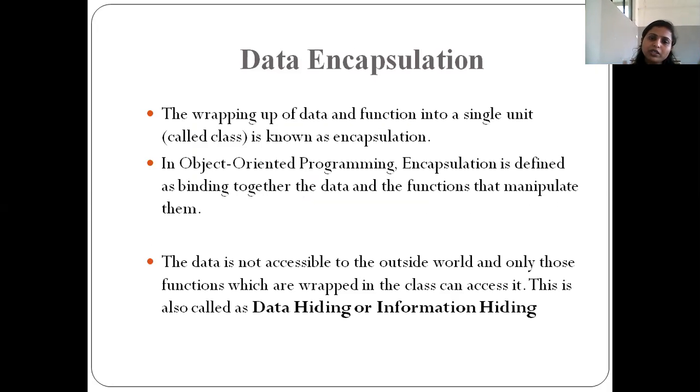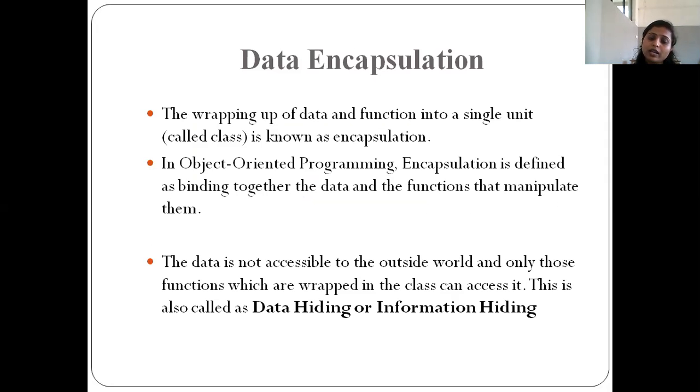Data encapsulation means the wrapping up of data and functions into a single unit. The data is not accessible to the outside world, and only those functions which are wrapped in the class can access it.